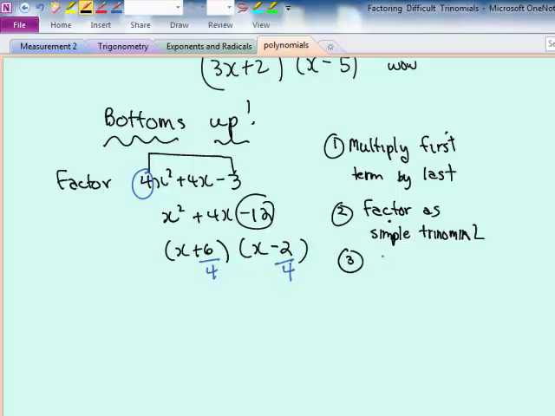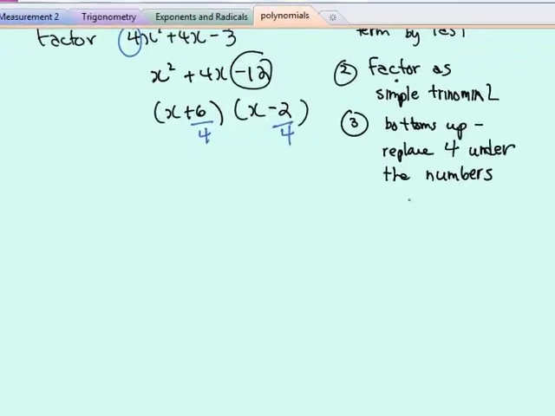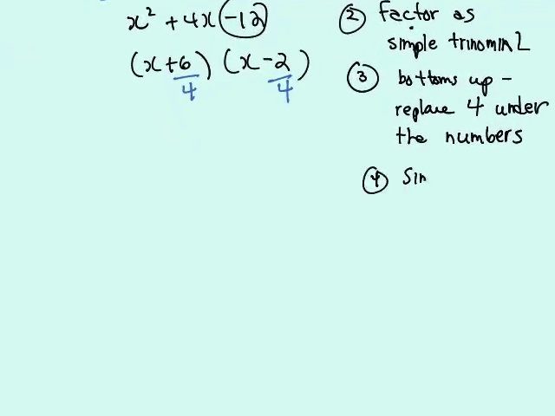So we say step 3, I call it bottoms up, replace the 4 under the numbers, or the last term. Because you multiplied it out, you factored, you've got to put it back in. Now last step is simplify.